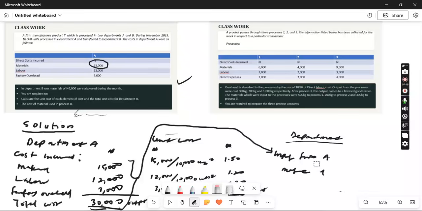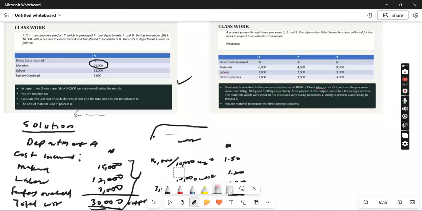This question is more complex compared to the former one that we've treated. So we're going to look at it and solve it together. Let us look at this question.